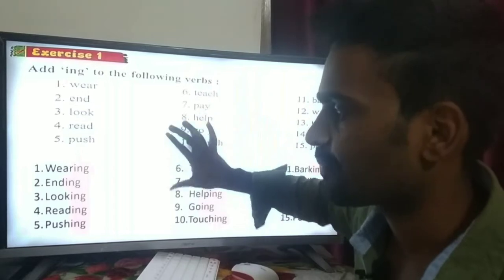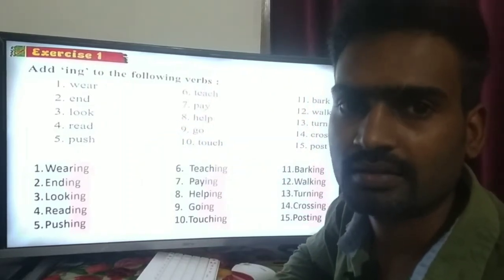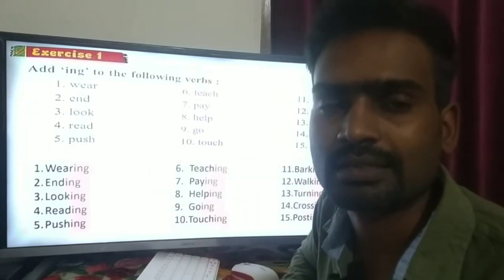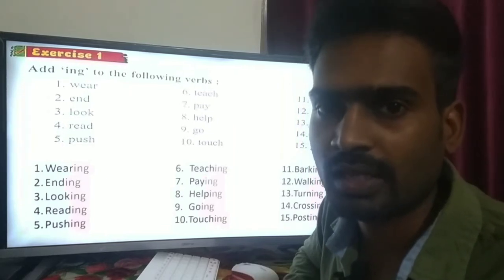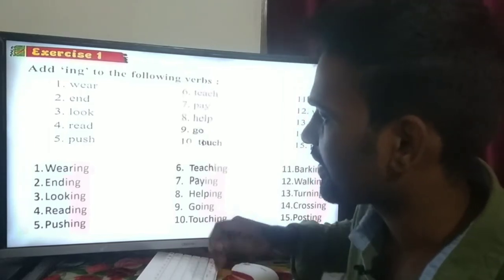So we add ing and don't remove anything. Now we are going to see the next exercise, which is quite different.